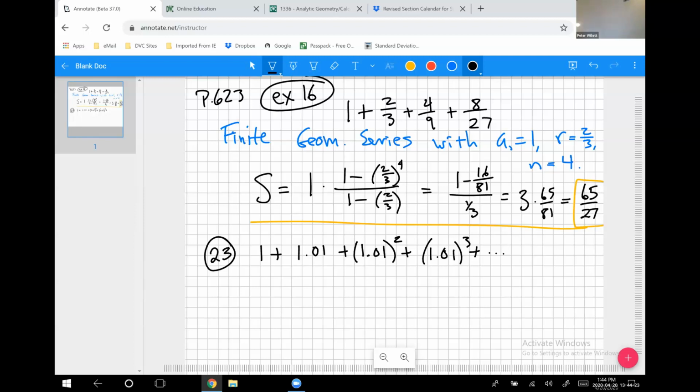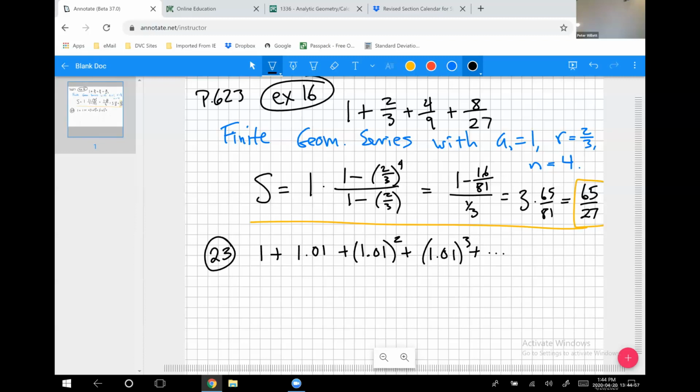Anybody else, or does anybody want to ask a question if they're confused? Okay, so yes, correct, it diverges.